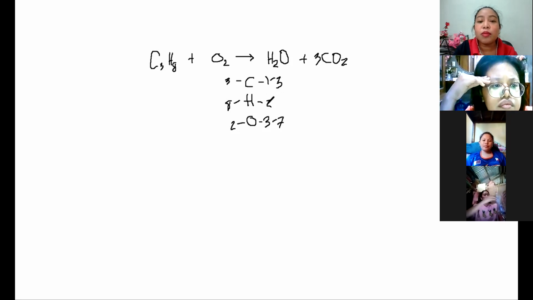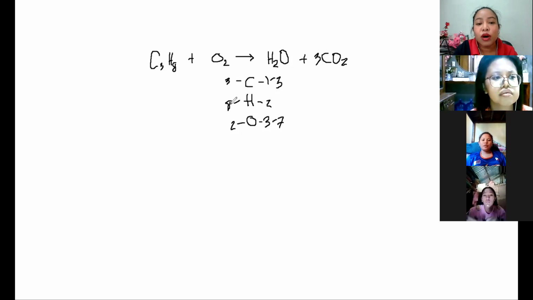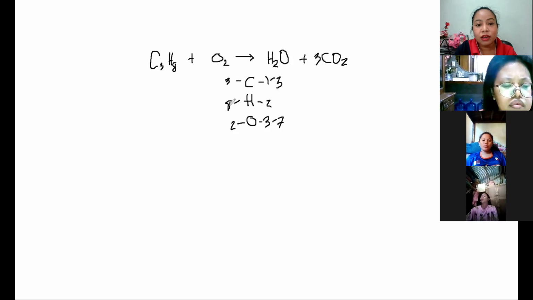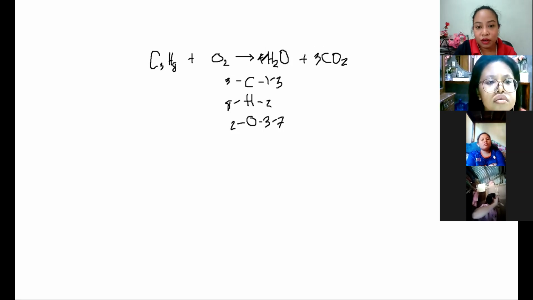What is the least common multiple between 8 and 2? 8. This side is already 8, so we do not touch the reactant side. We adjust the product side because it is not balanced. So this 2, to make it 8, we multiply by 4. We put a 4 here. This 4, what we put in front, is called a coefficient. So now hydrogen, since we put a 4, becomes 8.